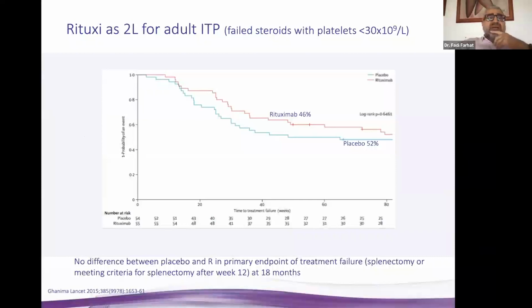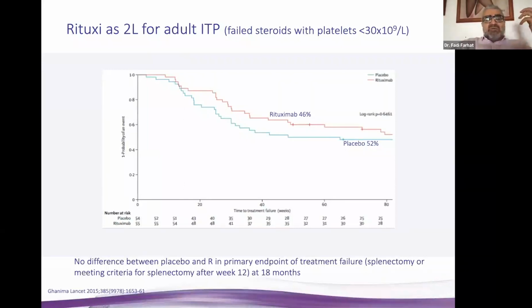And we can see here that Rituximab in second line for steroid failure was a bit better than the placebo numerically, but there was no difference in the primary endpoint, which was splenectomy or not.